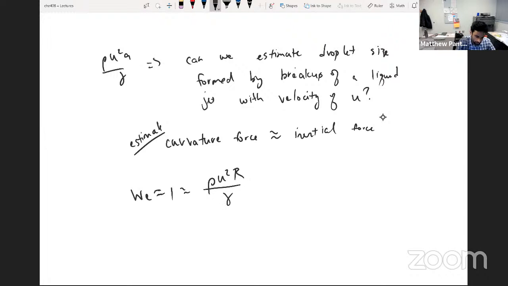So we can rearrange this and say that our droplet radius, our drop, should be about surface tension over density times the velocity squared.